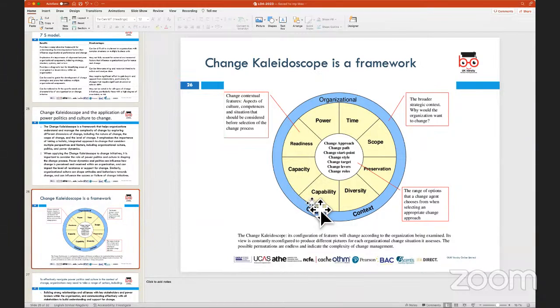And with paradoxes, in what context it is going to look at this change, whether in the context of diversity or preservation of diversity within the organization. And when we talk about paths, we are looking at whether the organization would be ready, would have the time, the scope and the power, from leadership, the ability to bring across the change within the organization or not.